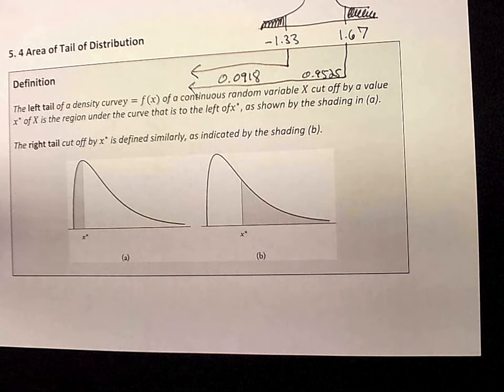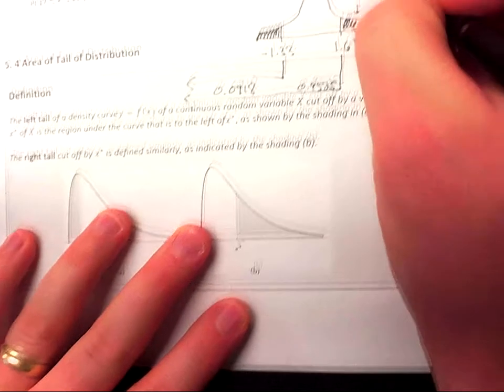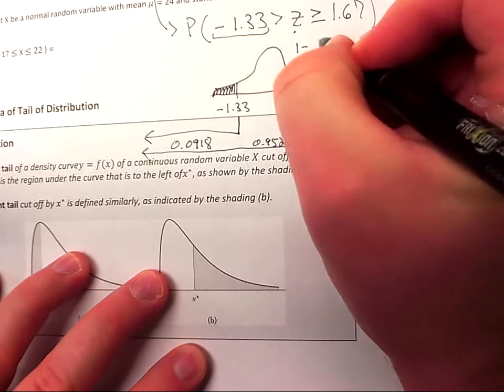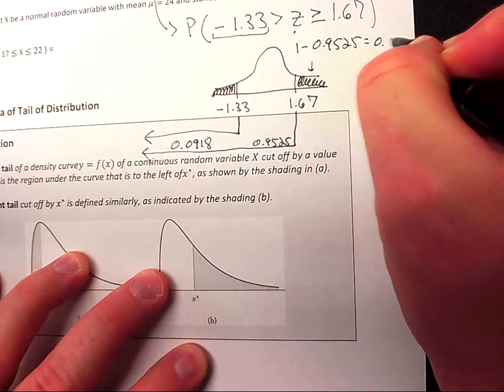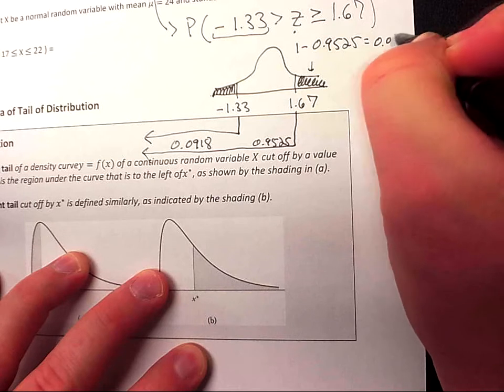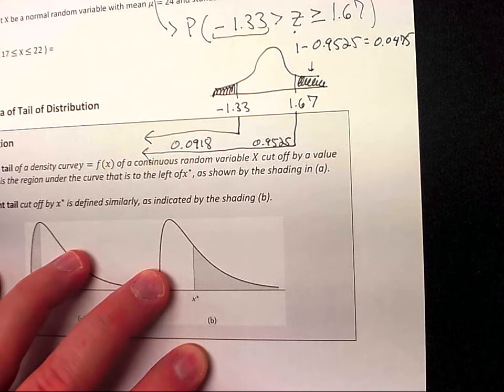Well, how do I find out this amount? 1 minus this, right? In order to find this out, I'm going to take 1 minus 0.9525, and that's going to give me 0.0475.